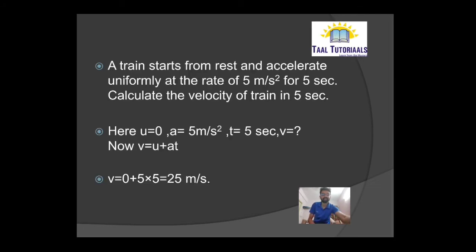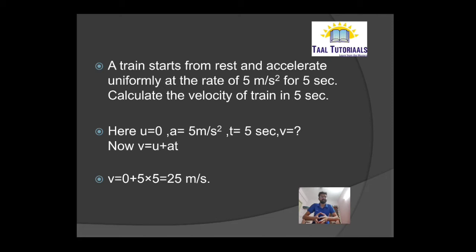Now we'll come to the next question: a train starts from rest and accelerates uniformly at a rate of 5 meter per second square for 5 seconds. Calculate the velocity of the train in 5 seconds. Here a train was starting from rest, so u becomes 0.